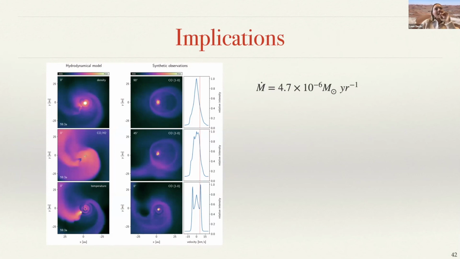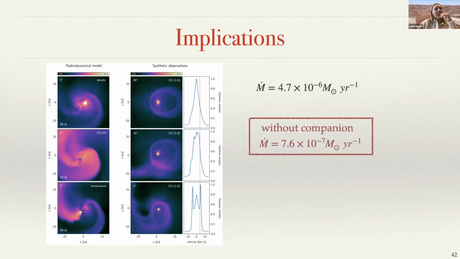Okay, thank you. So what would happen now if I do the same simulation, but without the companion? Since companions have an impact on the gravitational potential. Without a companion, the mass loss rate is lower by a factor of a few.